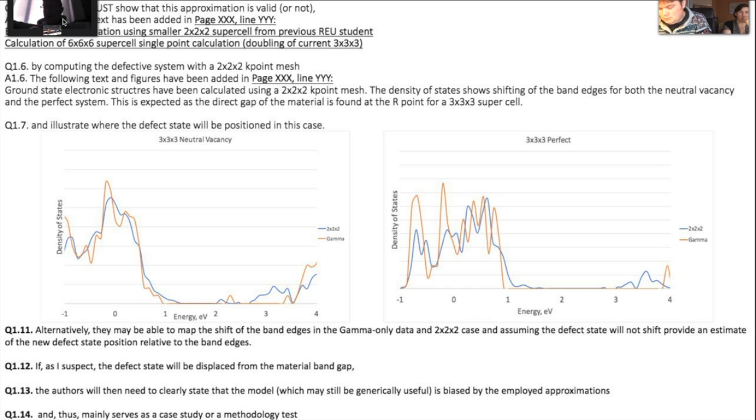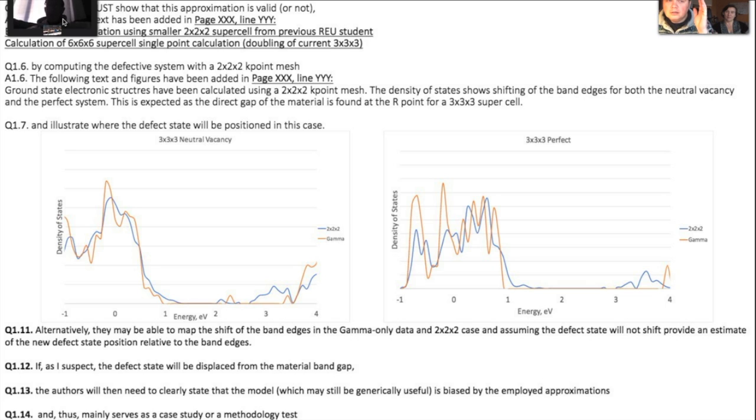With the addition of this K-point mesh, we are seeing a closing of the gap itself and a migration of these band edges closer together, which would prompt a more realistic absorption and emission spectrum relative to experimental values.